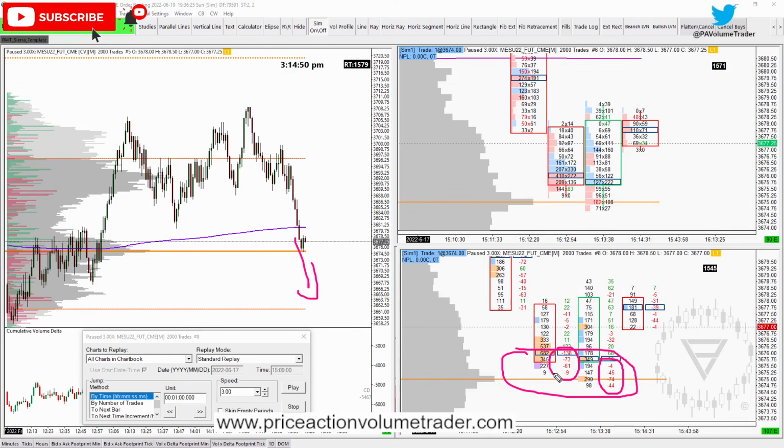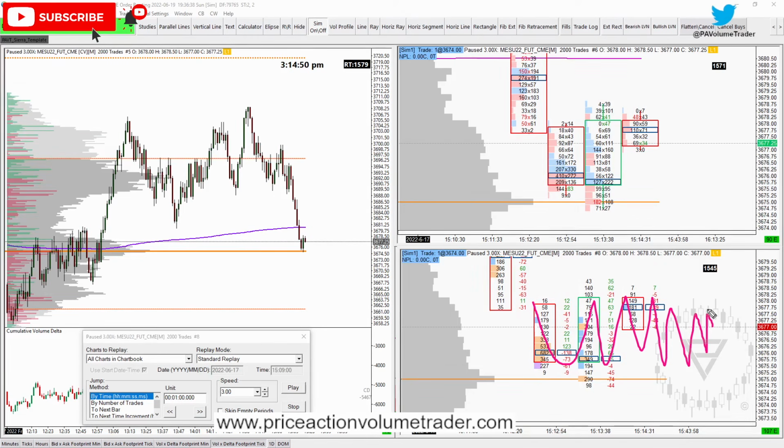And now with these areas, once you identify high volumes, then this is when you can see price is probably gonna either chop up for a while before deciding on a continuation or reversal.